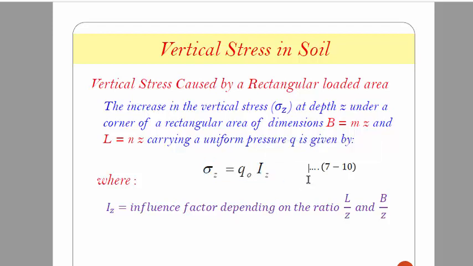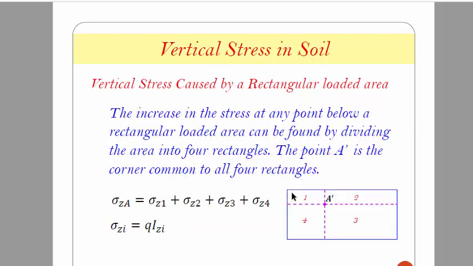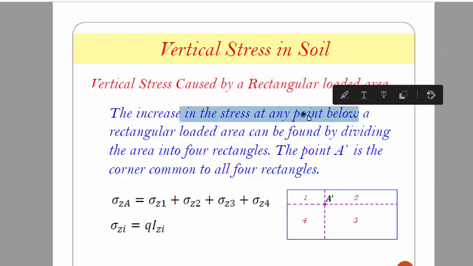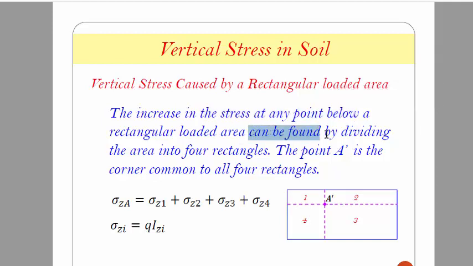For the rectangular section, vertical stress: the increased stresses at any point below a loaded area can be divided into 4 rectangles, like that, 1, 2, 3, 4. According to that, first of all calculate the stresses from rectangle 1, stresses from 2, stresses from 3, and stresses from 4. How do we calculate that?